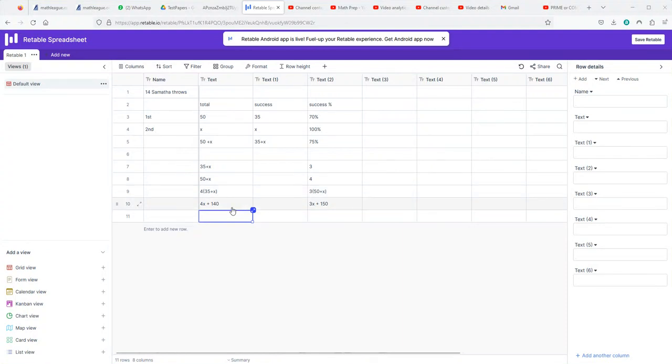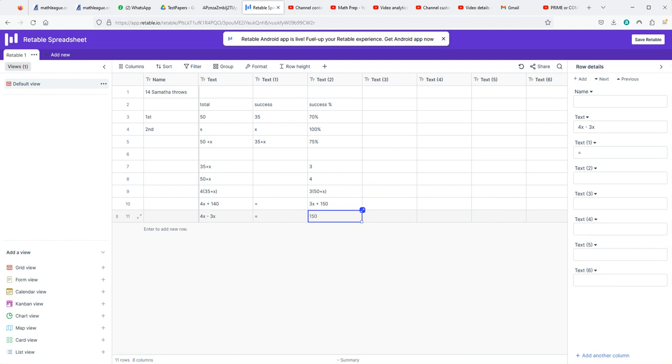From the right side of the equation, we can see 3x there. So we can move the 3x to the other side of the equation, which is 4x minus 3x. And we can change the plus 140 to the minus 140 here.